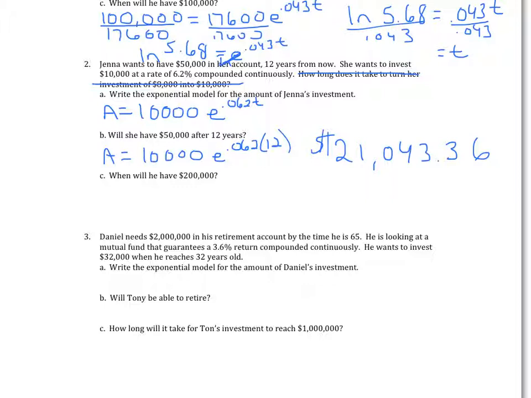When will she have 200,000? So we know that our final amount is 200,000, and that's equal to our 10,000 times e to the 0.062 times t. And we go ahead and solve. So we divide by 10,000 on both sides.